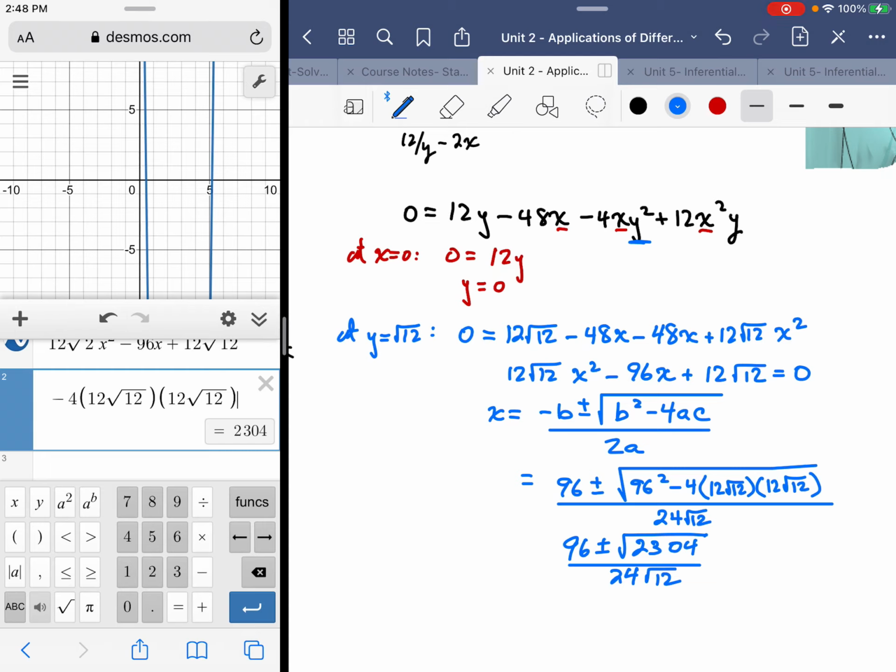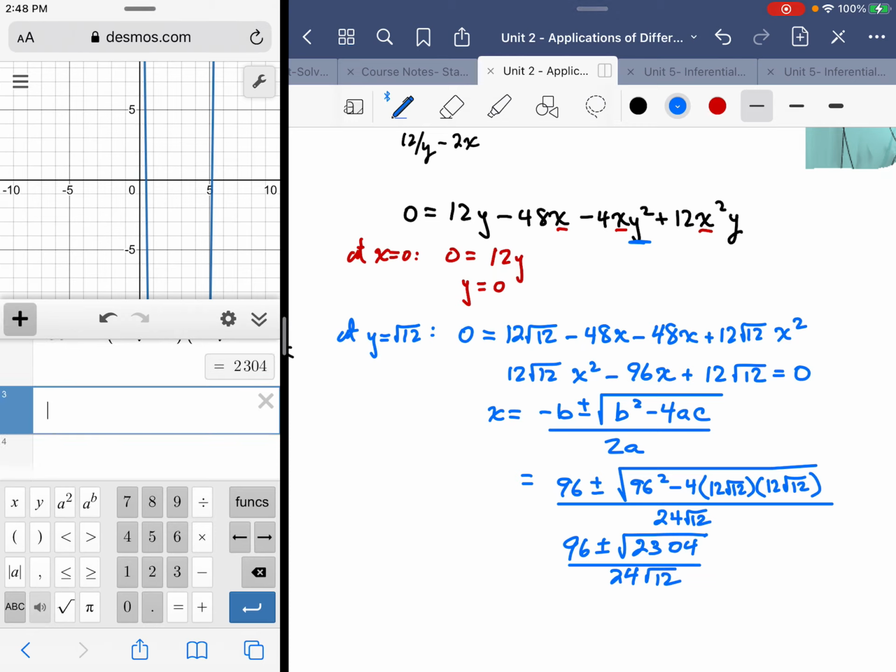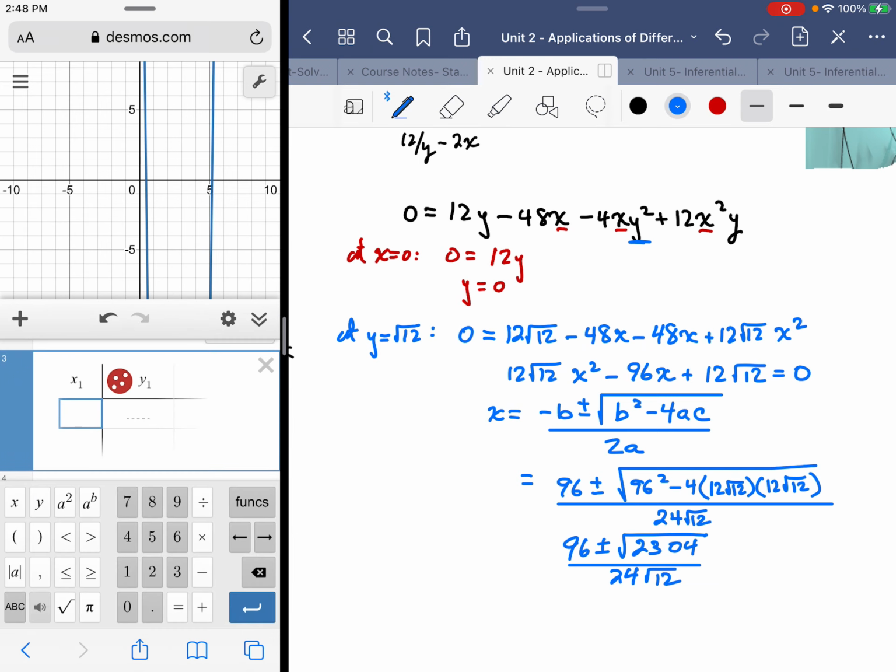All right, so that 2304 is pretty substantial. And if we're going to try to simplify this, that's going to be the key to everything. You can go about it a couple ways. When it comes to Desmos, I like using a table approach.